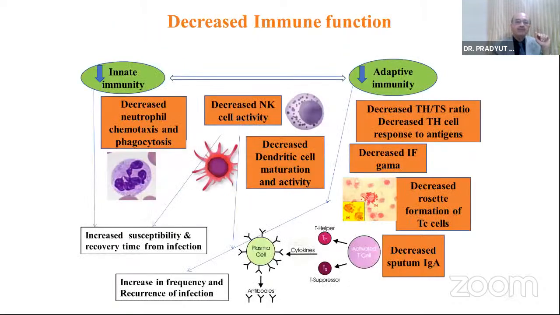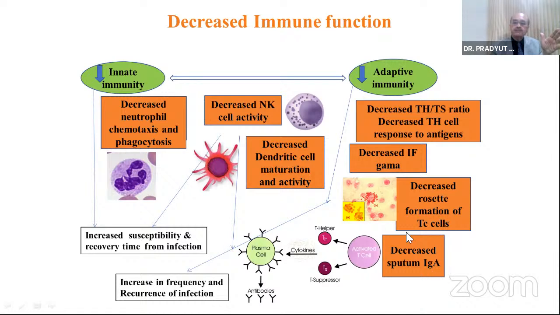This is a diagrammatic representation of what happens. Both innate immunity and adaptive immunity are reduced: decreased neutrophil chemotaxis and phagocytosis, decreased NK cell activity, decreased dendritic cell maturation. This results in the reduction of the T helper cells. So there is a reduction in the TH to TS ratio, that is, T helper cells are fewer than T suppressor cells, so they are unable to fight the antigens.